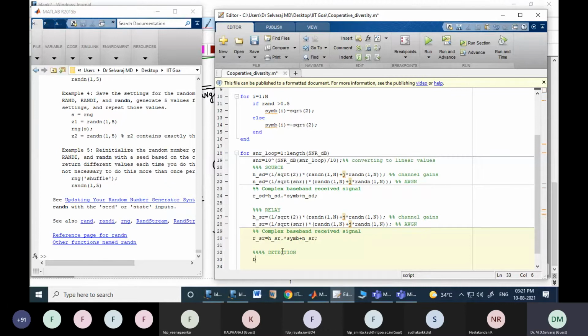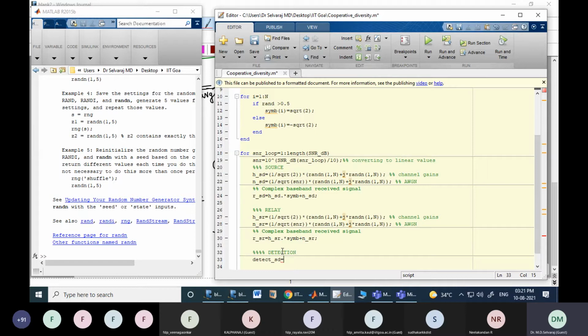First to detect, let us define a variable detect underscore st, because I am going to detect the symbol which is coming from the source. I transmitted s, but what I received is r_sr. Now I have to detect what was transmitted.